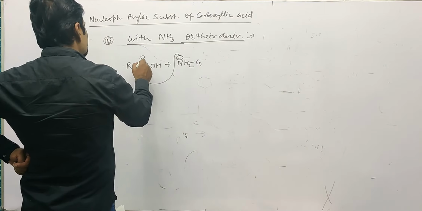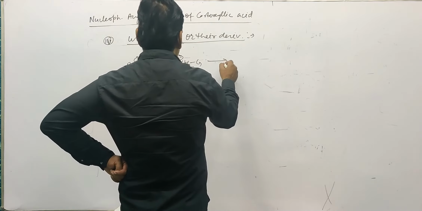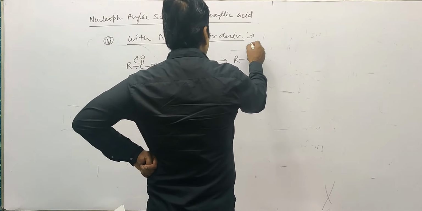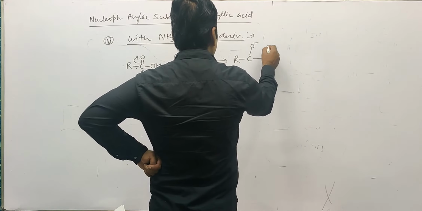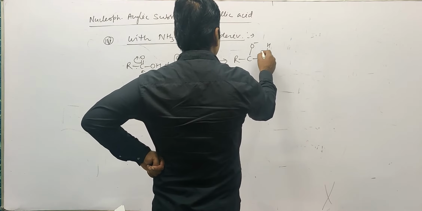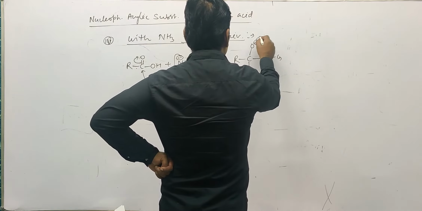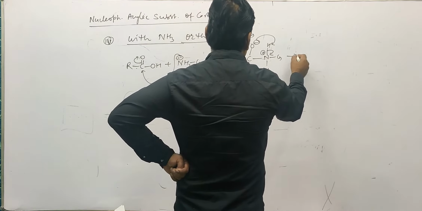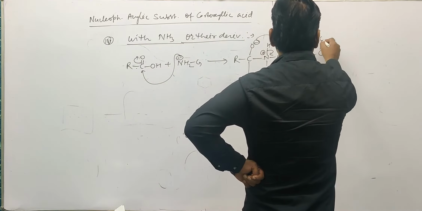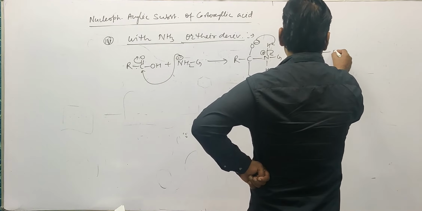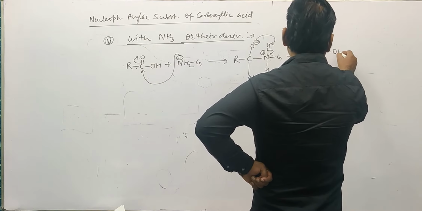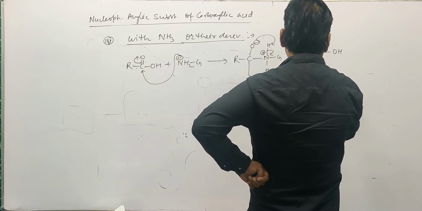This approaches this bond, which is transferred, becoming RC O minus, over here NH2 plus G. At this place we have OH. O minus will accept this H plus. This will become RC OH, at this place we have OH, at this place we have NHG.